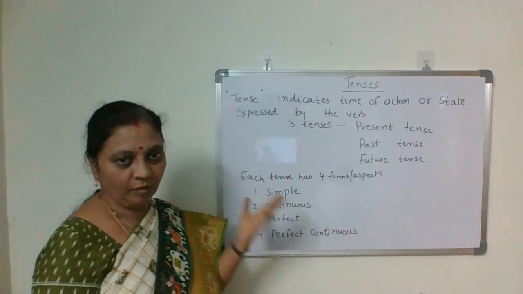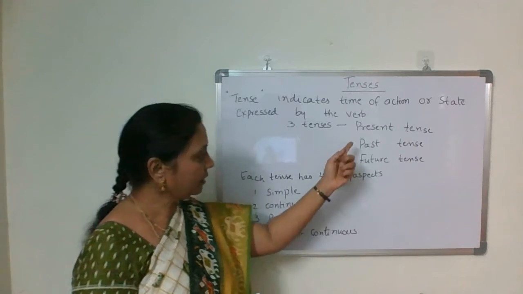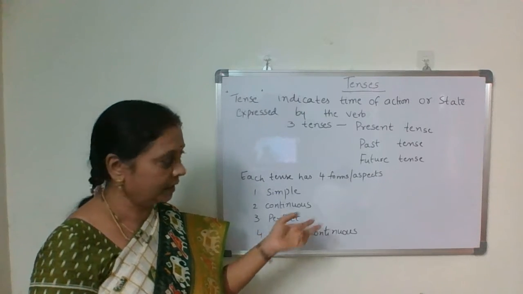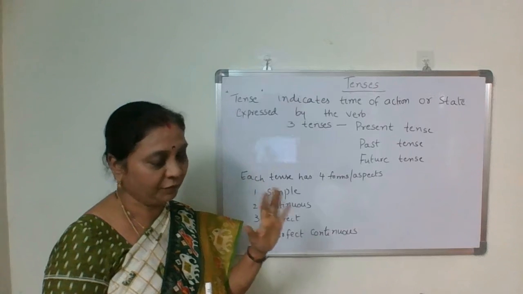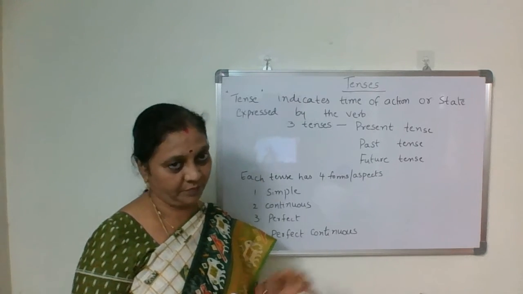Okay. So, four. Then the fifth one, we come to past tense. Again the same, because it too has all these four aspects. Simple past tense, fifth one. Past continuous tense, sixth one.